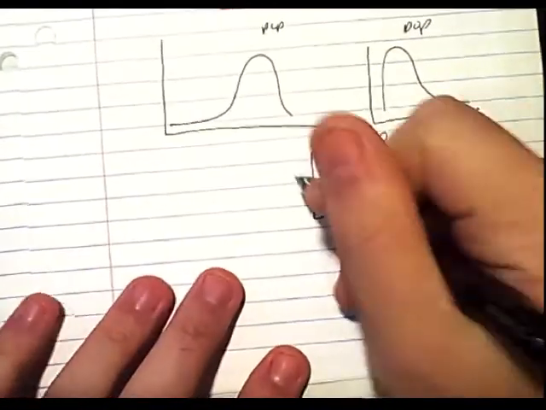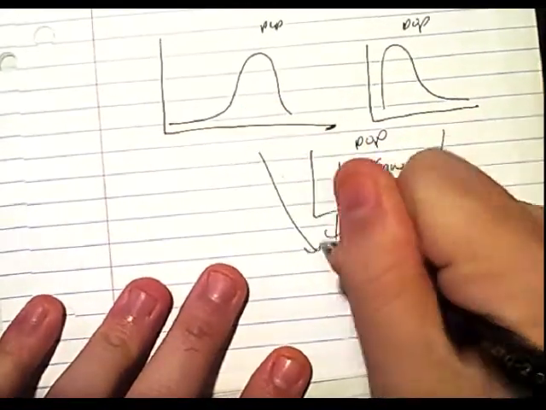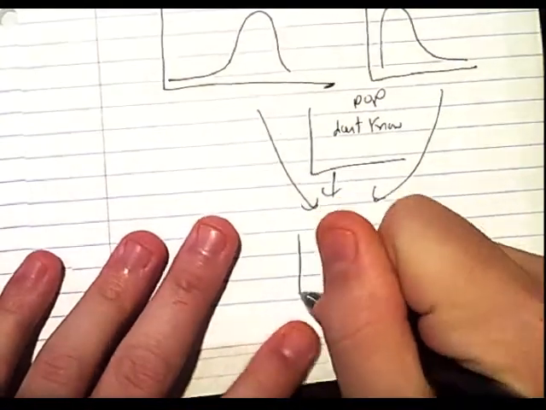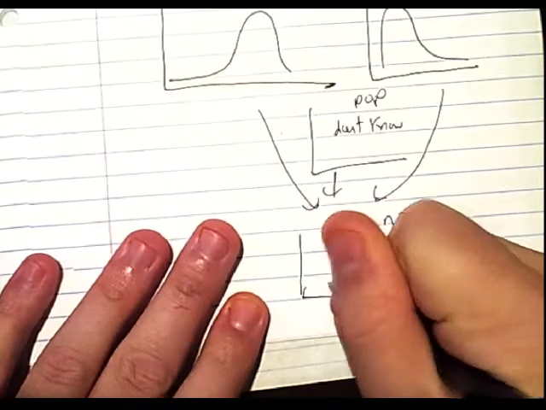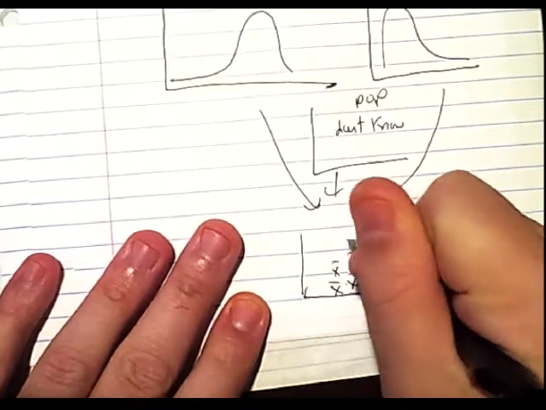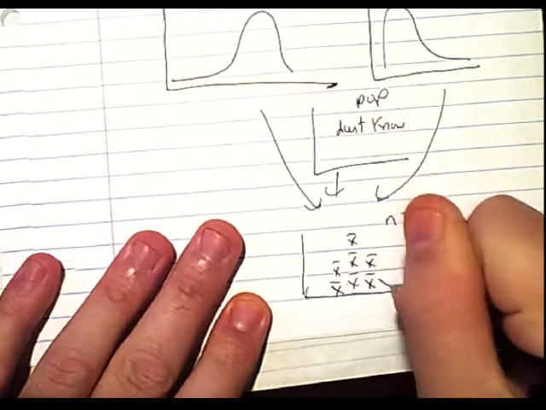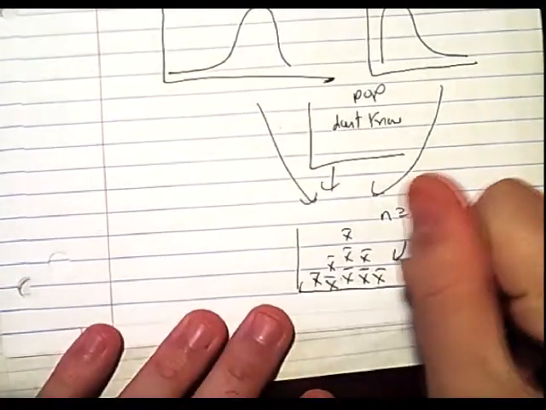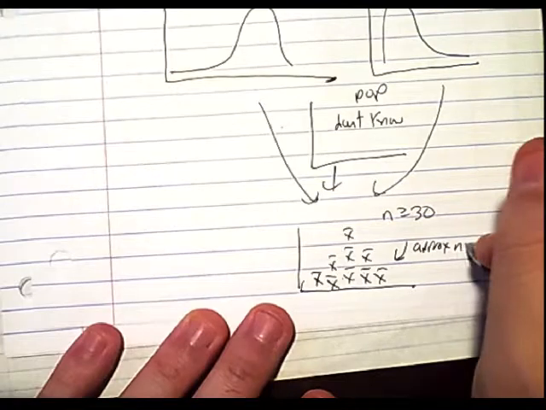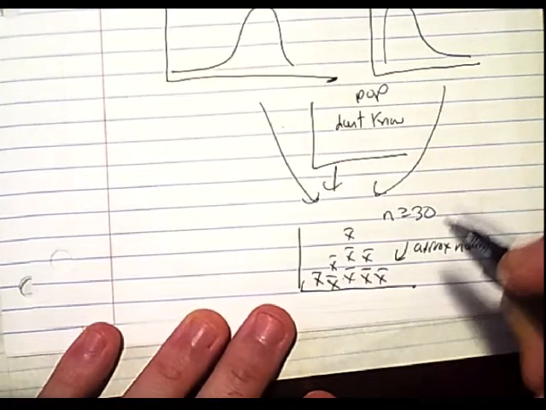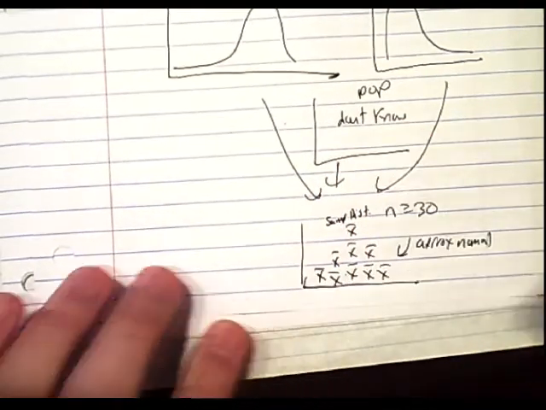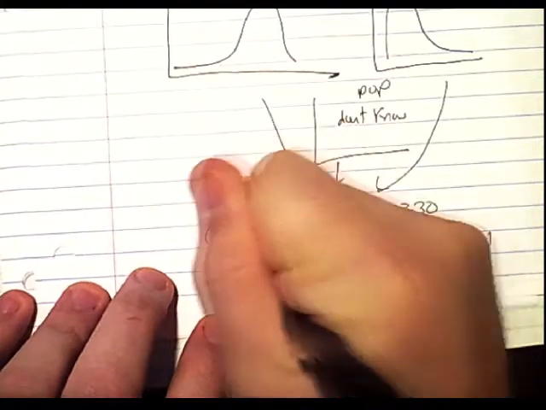If any of these are true, but my sample size is greater than or equal to 30, what we would find is that even though the population distribution was skewed, the sampling distribution is not skewed. This would be approximately normal. And that right there illustrates the central limit theorem.